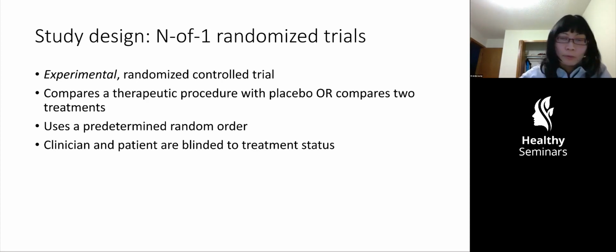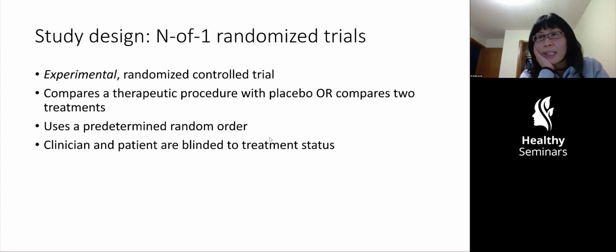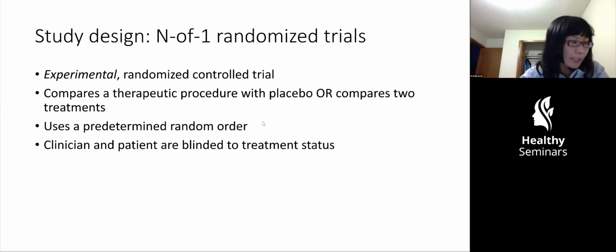So we need to make sure that the intervention is able to be incorporated with a placebo. So for certain therapies, so I'm thinking perhaps meditation, where placebo may not be able to be used, then the N-of-1 design would not be useful. And in this case, the patient or subject would serve as their own control.